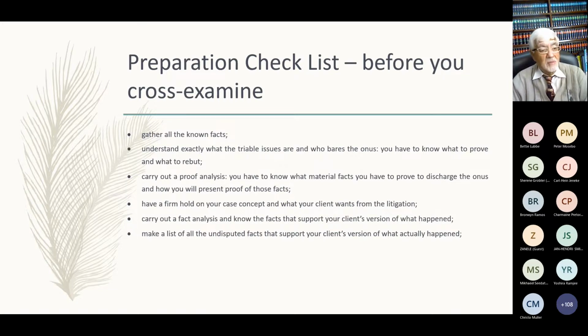You must know what material facts you have to prove to discharge the onus. You must know how you will present proof of those facts. Who will be your witnesses? What visual evidence will I need? What documentation will I need? You must know your case concept throughout the trial. Remember, you drafted your heads based on that concept.